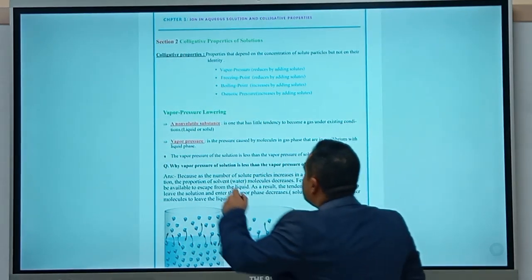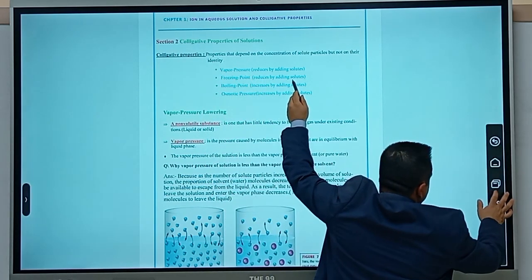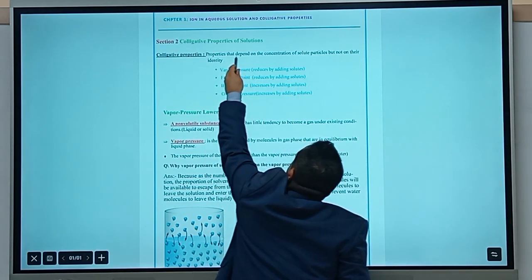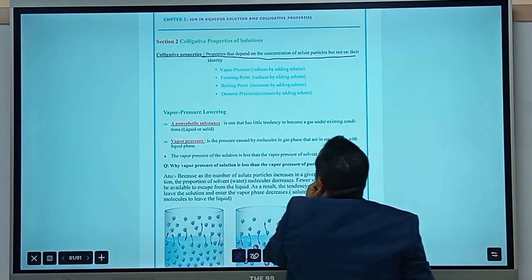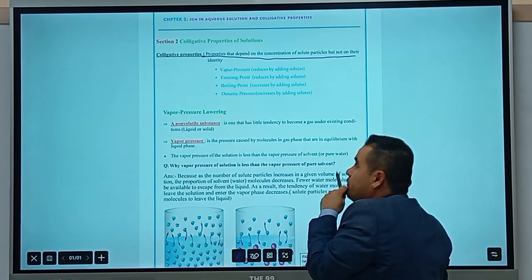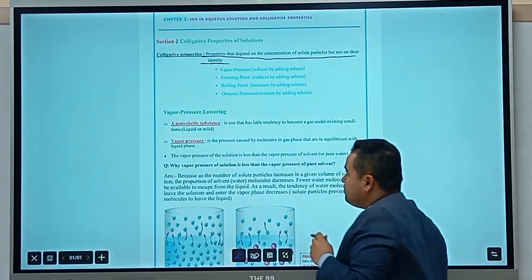So guys, the colligative properties are those properties which depend on the amount or concentration of the solutes, not on the identity of the solute.